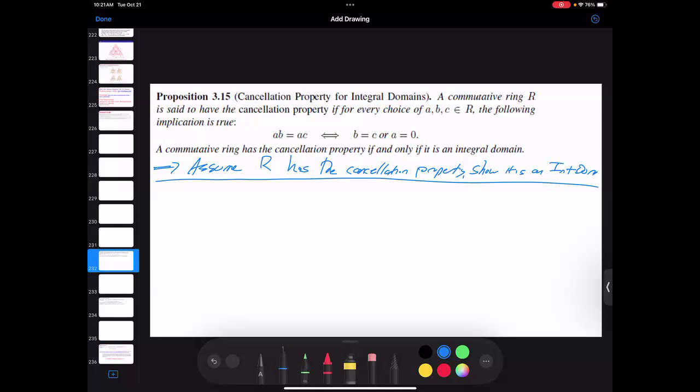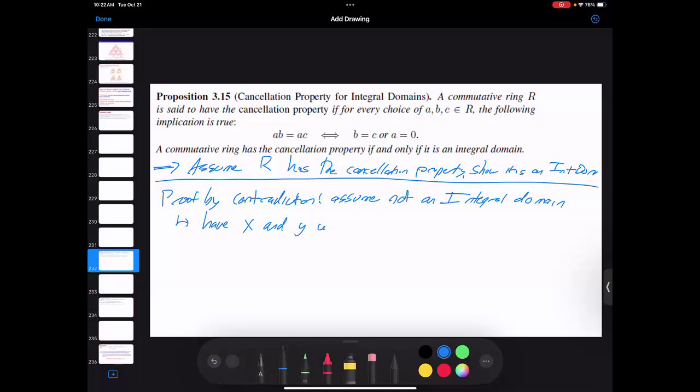So let's do a proof by contradiction. Let's assume it is not an integral domain. So we have x and y with xy equals 0, but x and y are not 0.